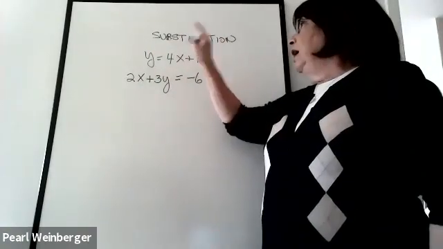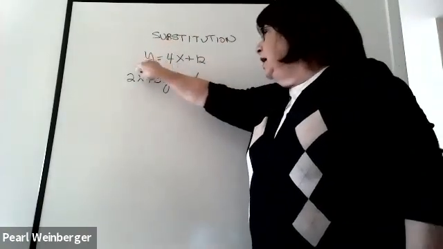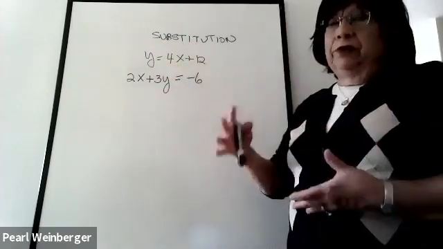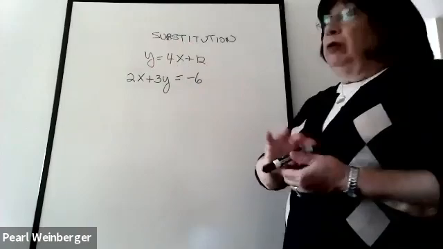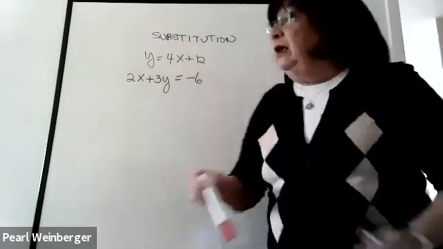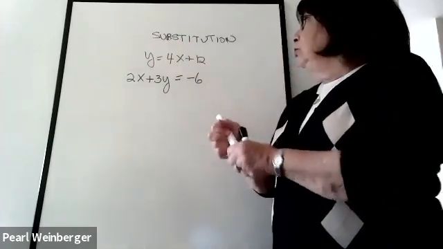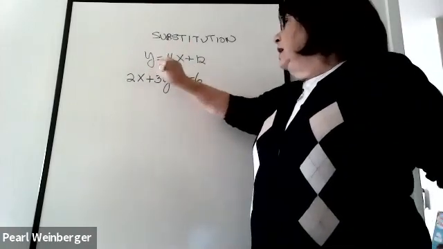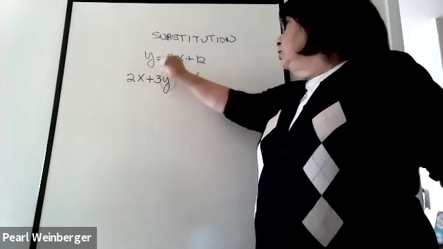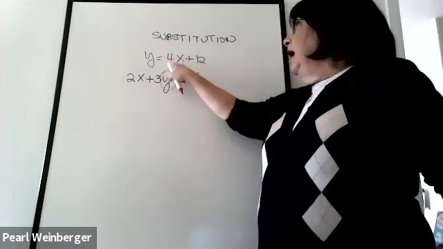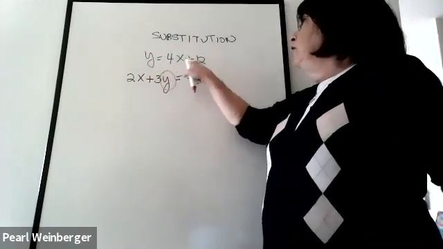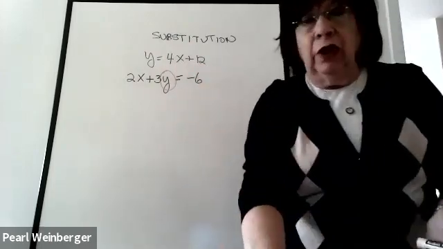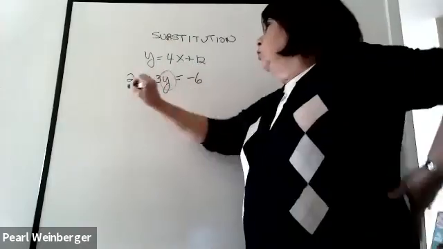And remember, whenever my equation says either y equals something or x equals something, it looks like a perfect setup for the substitution method. In this case, since it's the first equation that says y equals, in my second equation where I see a y, I will replace it with 4x plus 12. I am substituting 4x plus 12 for what y is.